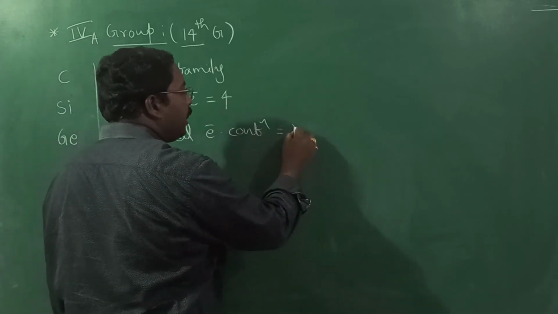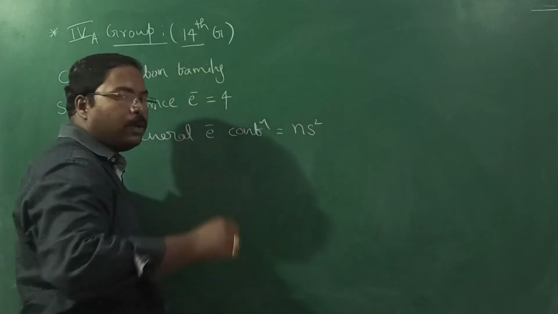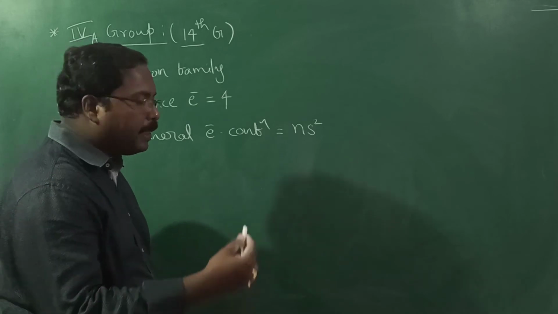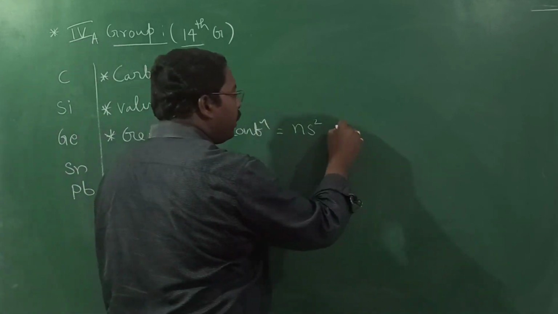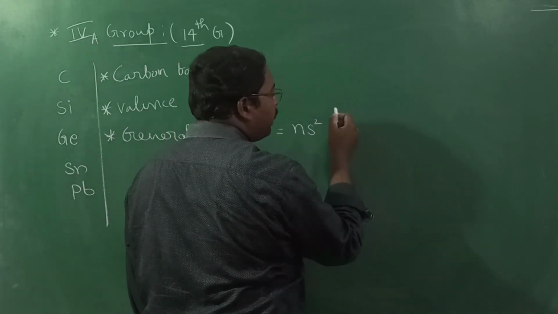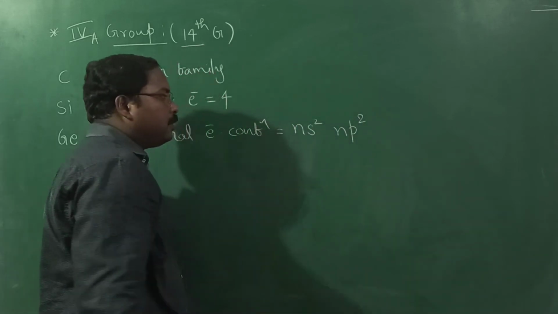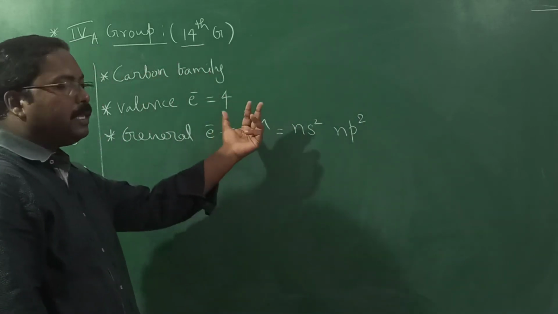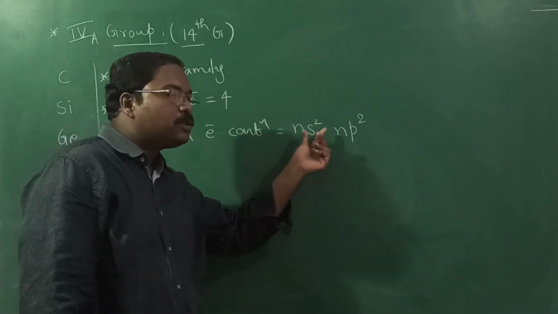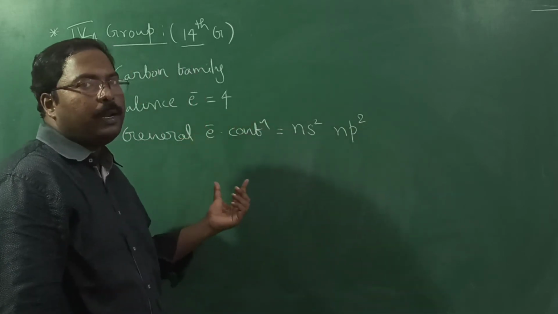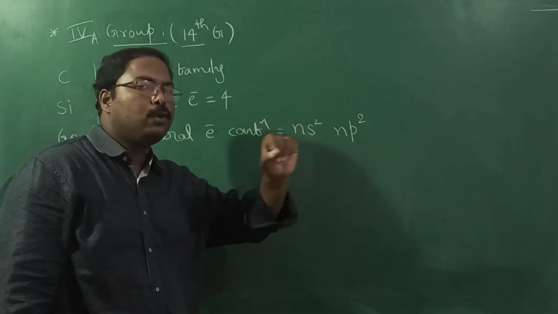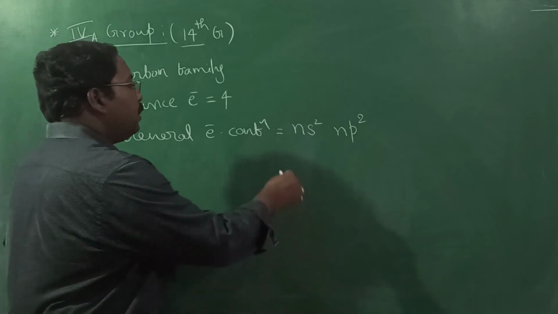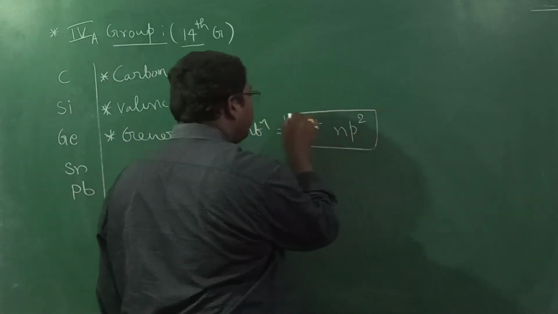First the electrons will enter the s orbital, then the next electrons will enter the p orbital. Previously, 3 electrons were there in the 13th group, and we got ns2 np1. Now in this group we will get ns2 np2.